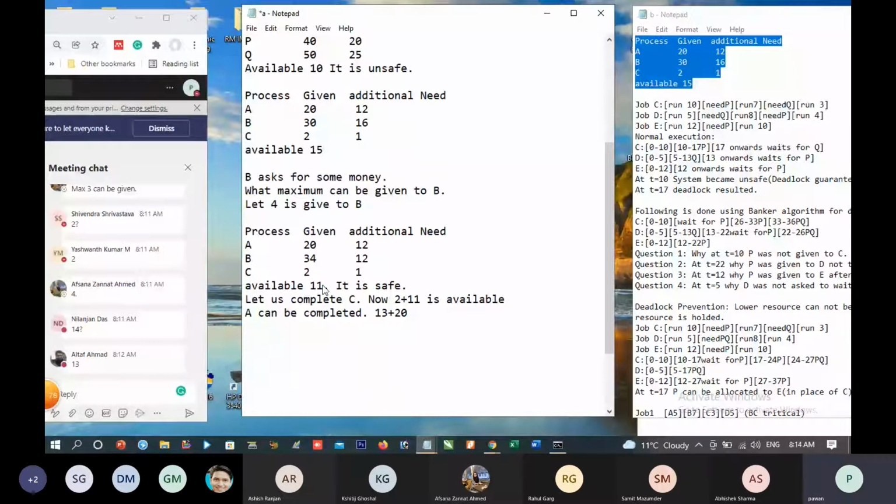Now B can be completed. Is it correct? Okay. Any doubt? So giving 4 rupees is safe. This situation is safe.